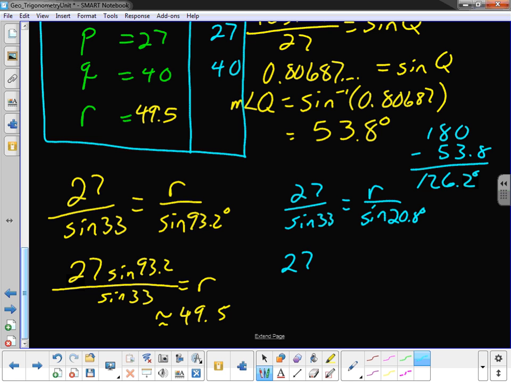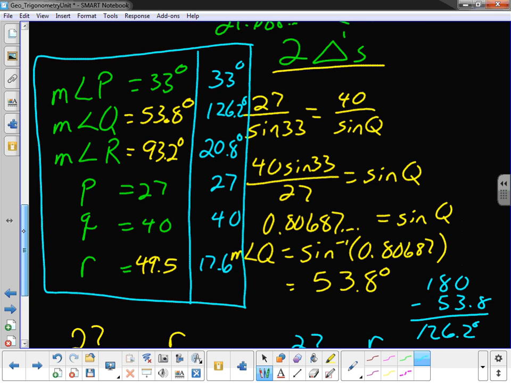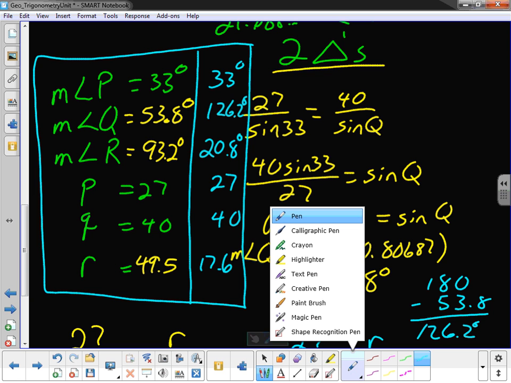So 27 times the sine of 20.8 divided by the sine of 33 gets me an answer of around 17.6. So I end up with two triangles here that are my answer.